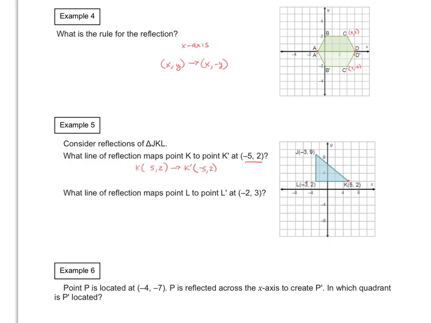So what changed? My xy mapped to -xy. So what line of reflection maps that? There's my mapping. So I reflected over the y-axis.